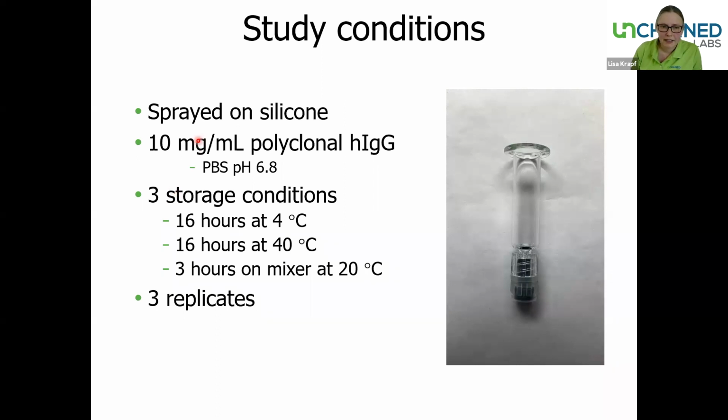And after filling them with the protein, we tested 3 different storage conditions. So one was storing those syringes for 16 hours at 4 degrees Celsius. Another set of syringes was stored at 40 degrees Celsius for 16 hours. And the third one was mixed for 3 hours at 20 degrees Celsius. So for each of those sets, we did three replicates.